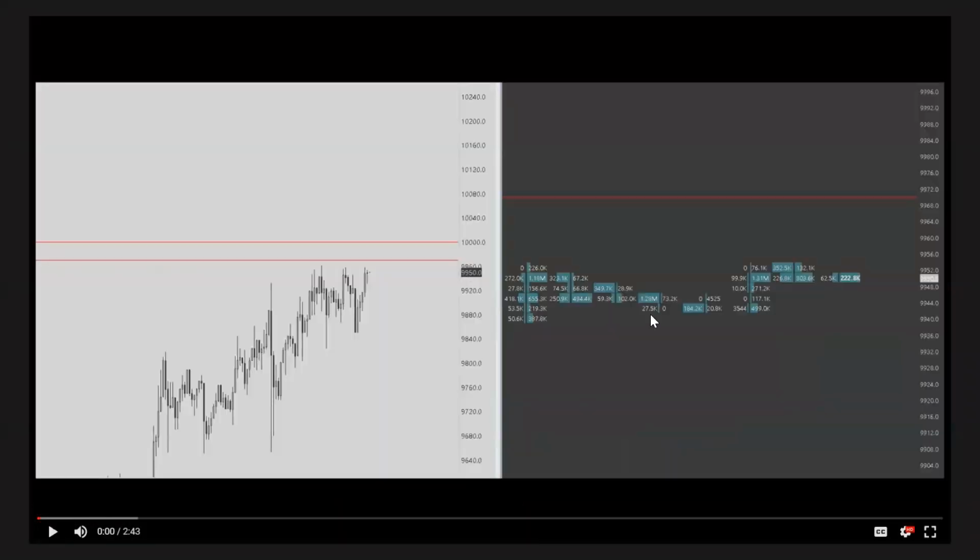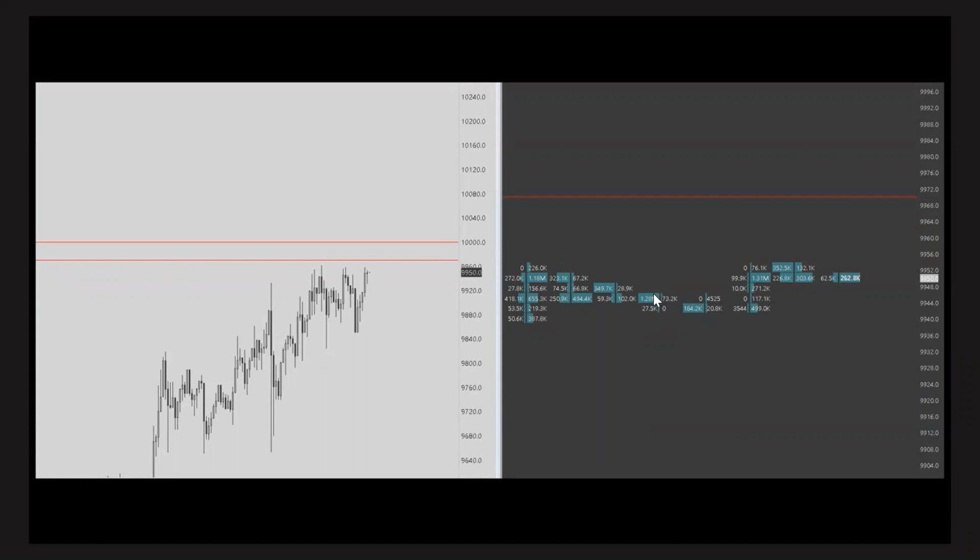And what I've got here is a recording of the footprint as the level broke, so that you can see in real time how the liquidity dynamics change when price breaks that high.